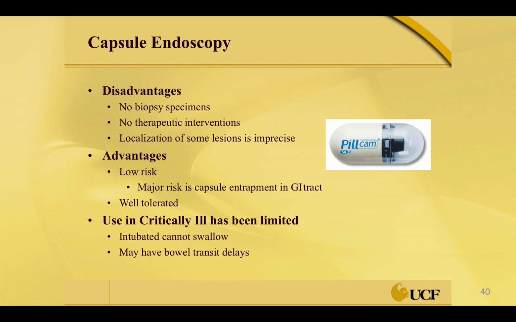The major risk of this capsule endoscopy is entrapment in the GI tract, but it's usually very well tolerated. Its use in critically ill patients has been limited. For example, intubated patients cannot swallow, so we cannot deploy the pill. Or in patients that have bowel transit delays.